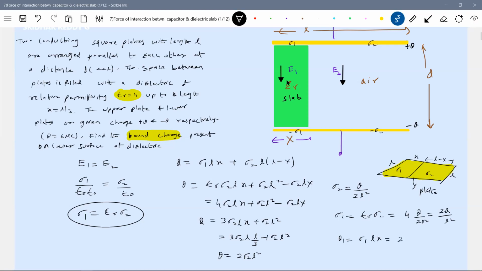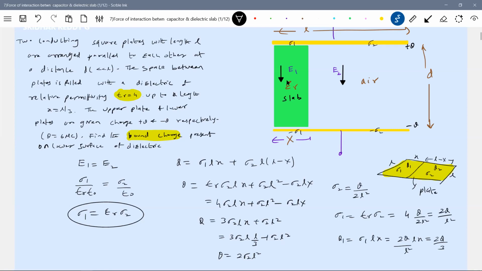What is sigma 1? 2Q by L square into Lx, with x equal to L by 3. So 2Q by 3 will come final. How much charge is present in this region? Q1. The total charge given on the conductor plate will get aligned because of the dielectric slab.